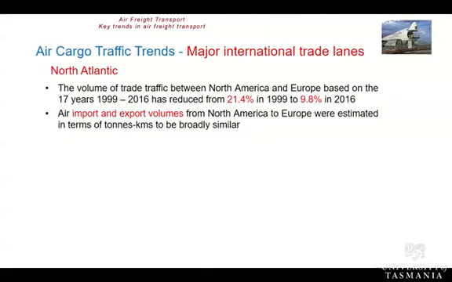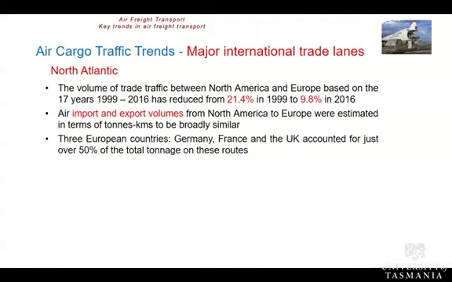And when we talk a little bit deeper about the products carried on these particular routes, you'll notice the same products carried by air cargo from the United States or North America are the same products coming out of Europe and going to North America.